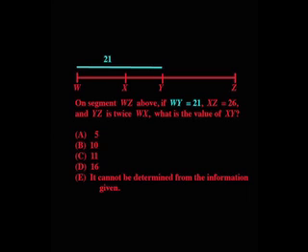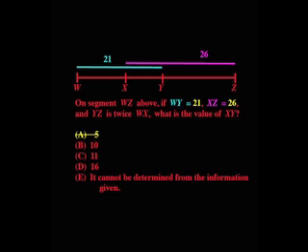As we start to break down the problem, we're told that WY equals 21 and XZ equals 26. But as soon as we see 26 and 21 and we see answer 5, we get really suspicious about that answer because we aren't even finished reading the problem.